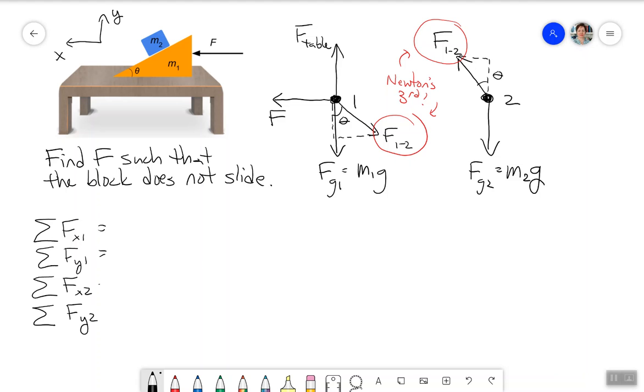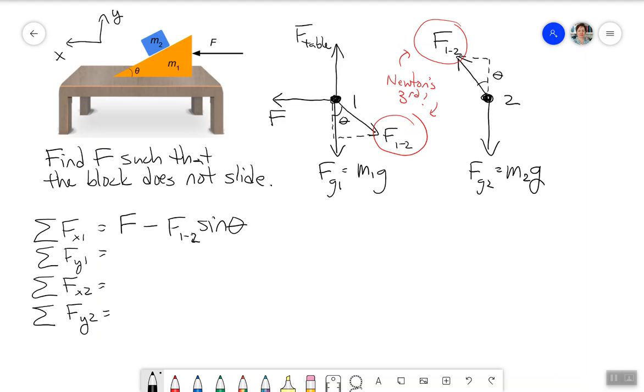Okay, so here we go. For the wedge in the x direction, we have the pushing force in the positive direction and F1-2, but only sine, opposite, so minus F1-2 sine theta.